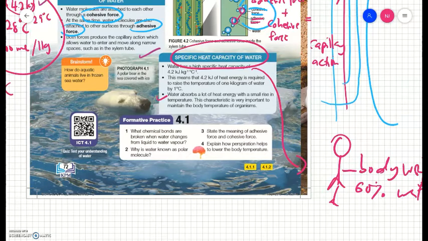It will cause the water to absorb a lot of heat energy, but only a small rise in temperature. Maksudnya walaupun heat energy banyak dia serap, tapi the rise of temperature is only 1 degree Celsius.